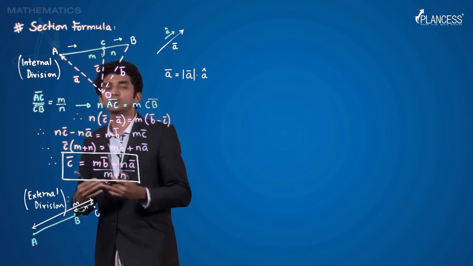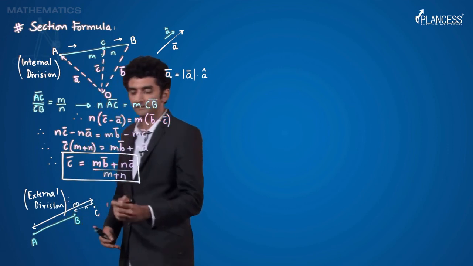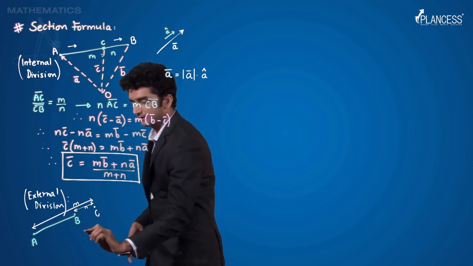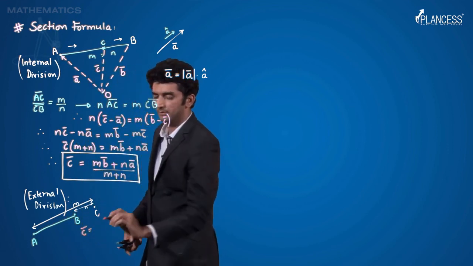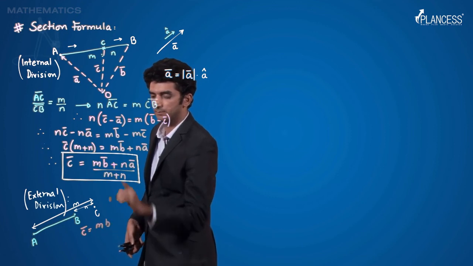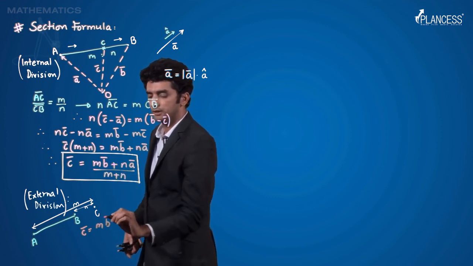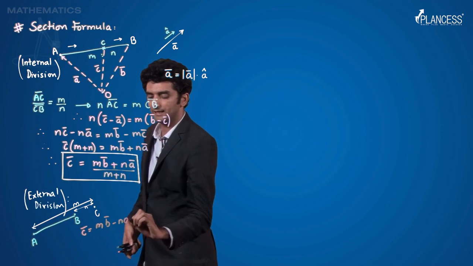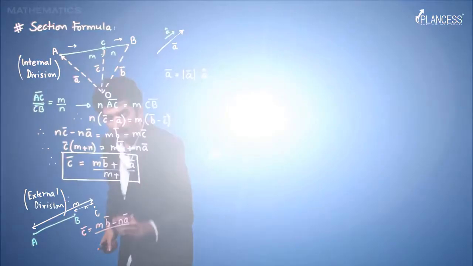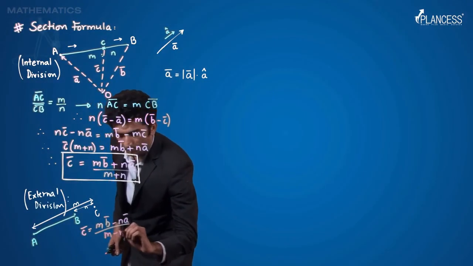In this case, it is called external division, and the formula for c bar is similar. It's just that in place of this plus in between, we have a minus. So m b bar minus n a bar upon m minus n in the denominator.